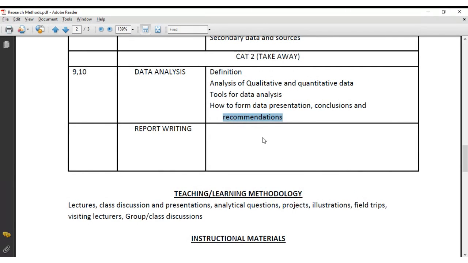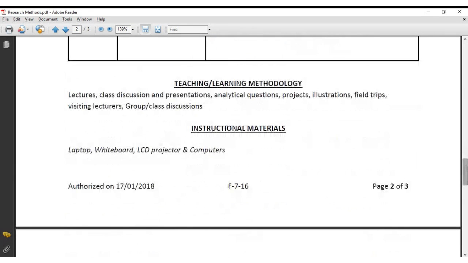Then things that we are going to use for our learning, we are going to use class discussions, live class discussions. I'm going to use lectures for the live classes. I'm going to use illustrations, that is examples, case scenarios, which will help you to understand the content better.